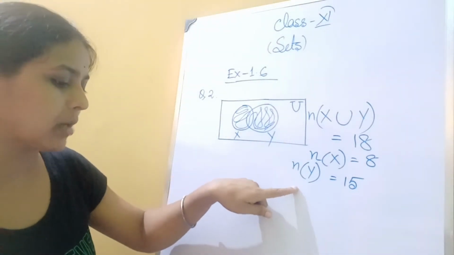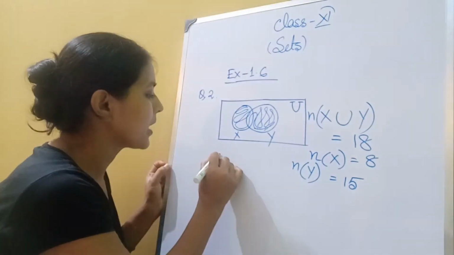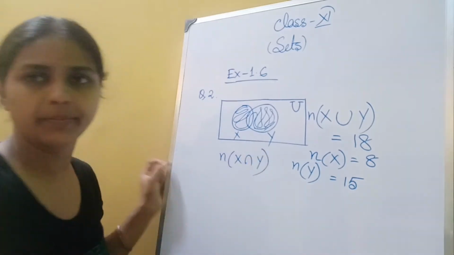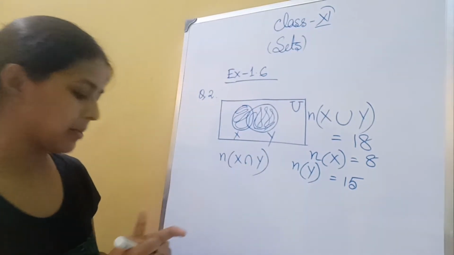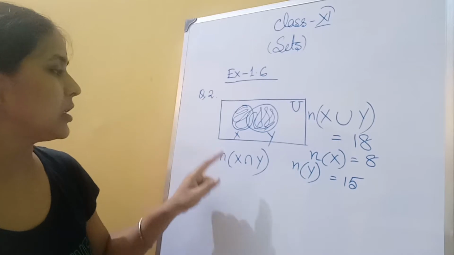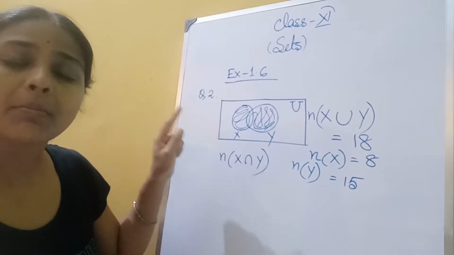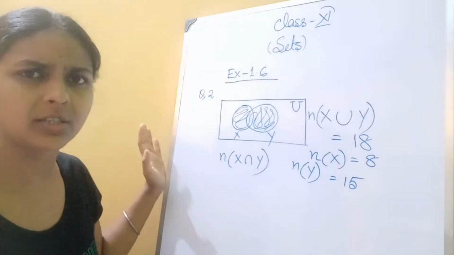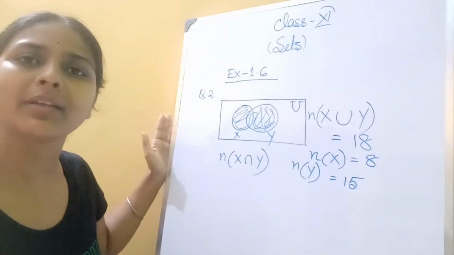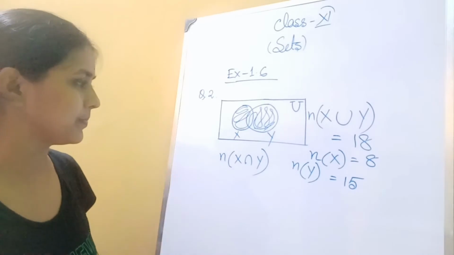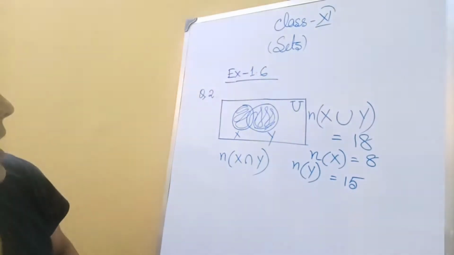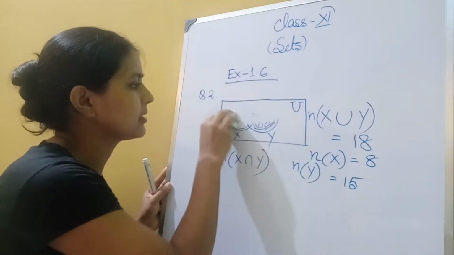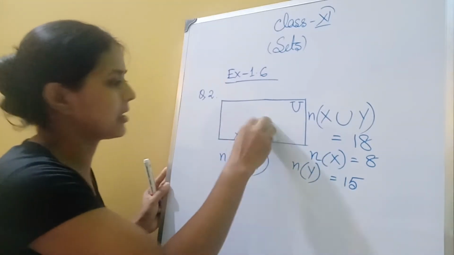What we have to find out is n of X intersection Y. Now here it comes: why did I tell you to use a Venn diagram? Because if you use a Venn diagram, it is very easy to understand and very easy to implement also. Now look at the Venn diagram, and I am rubbing the messy part so that you can understand it better.